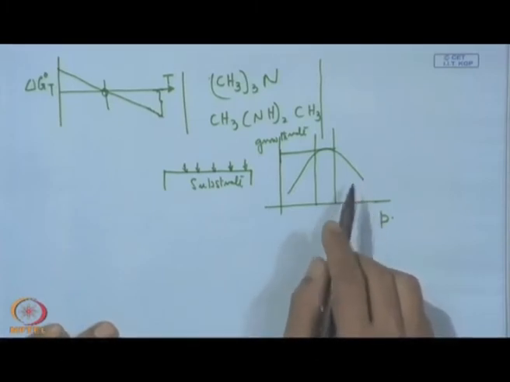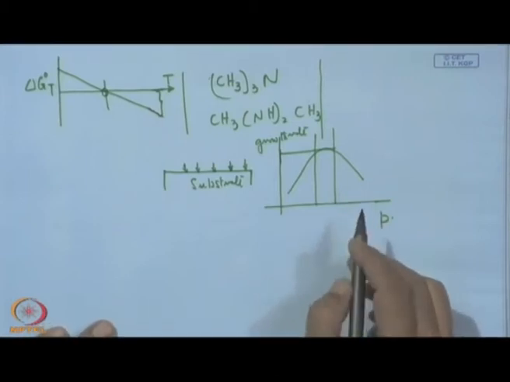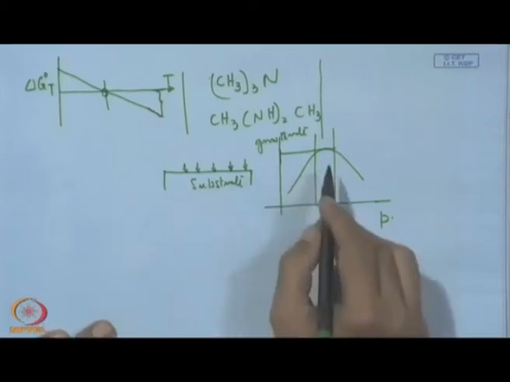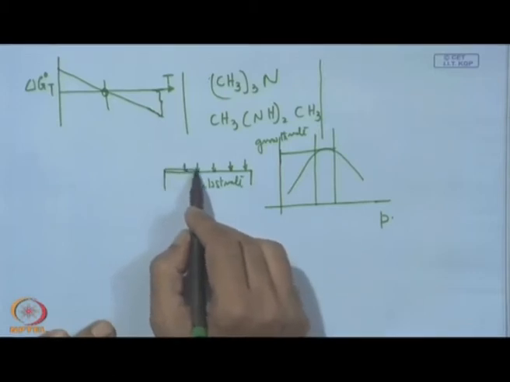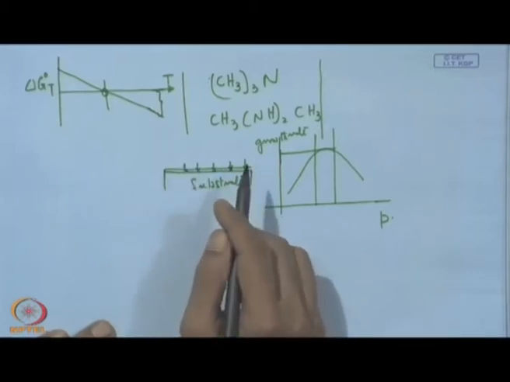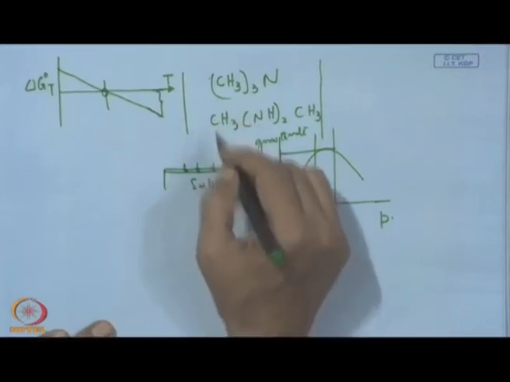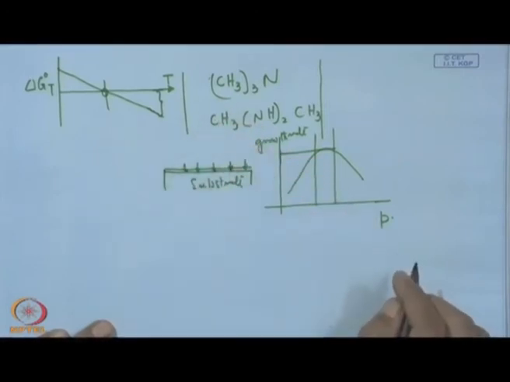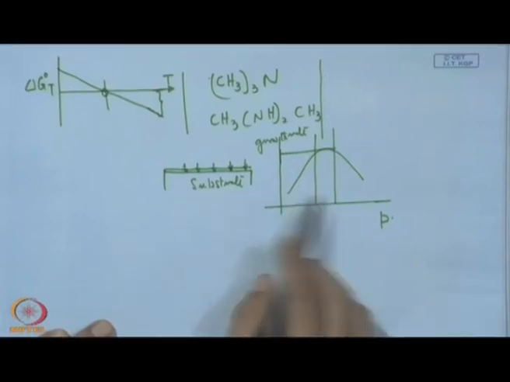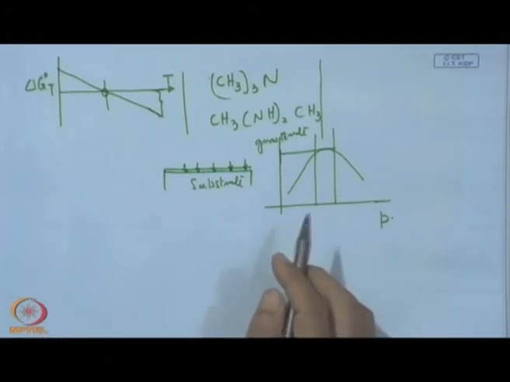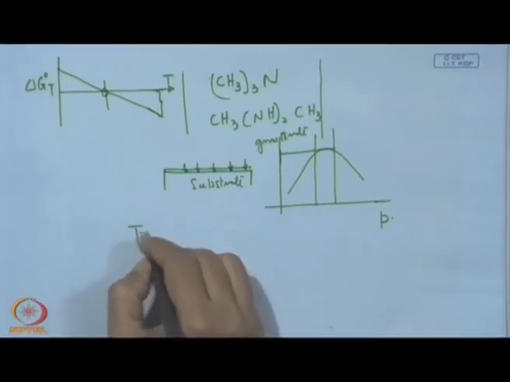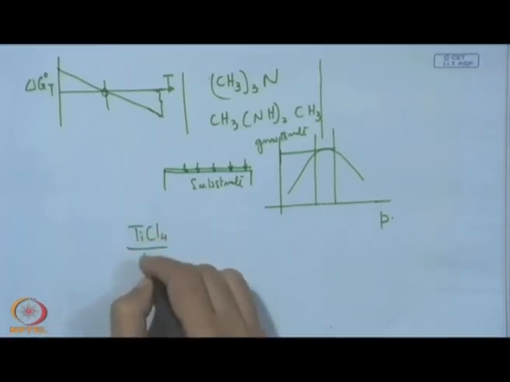So, in that case not only will the growth rate fall, that means there will be no reaction on the surface, but reaction will take place in the space above the substrate surface and the coating growth rate will fall. Then comes this TiCl4 H2 ratio.